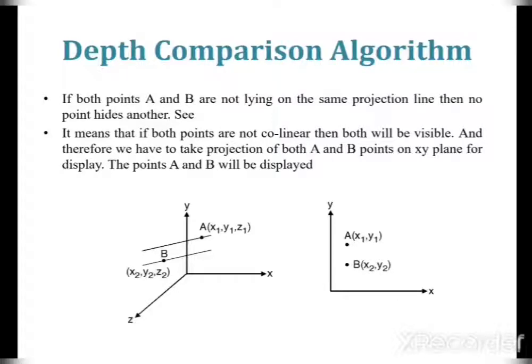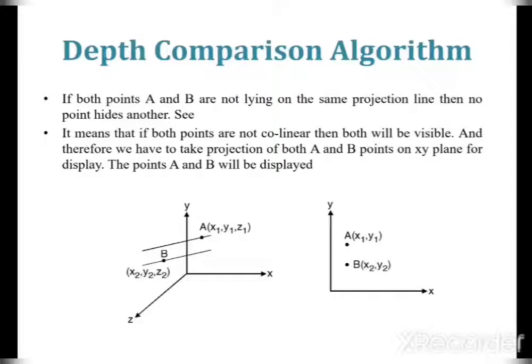If we give projections to these points and both A and B are not lying on the same projection line, you can see here the different projection lines are drawn. This is line number 1, this is line number 2. So two different projection lines are drawn here.